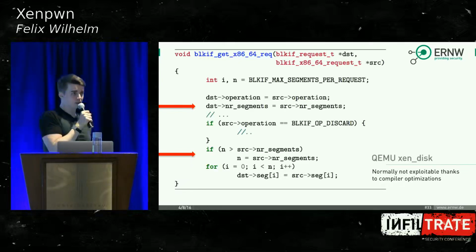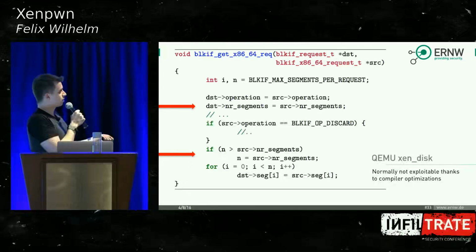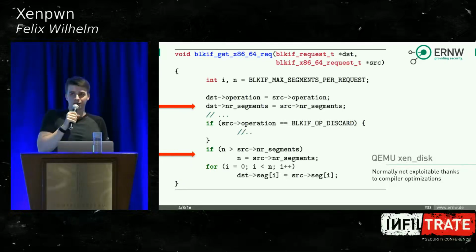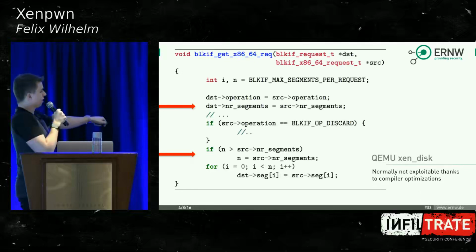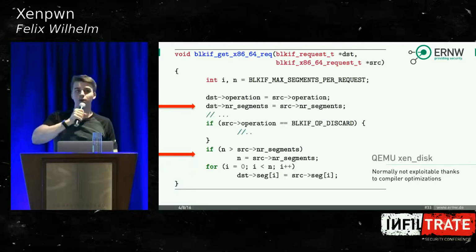If that is the case, so if there's a maximum, then they set n to this number of segments variable. And you can imagine if you can flip the value of number segments between these two lines, so between the if condition and the actual assignment, you have a trivial heap-based overflow down there, because then you can simply iterate an arbitrary number of times in this for loop.